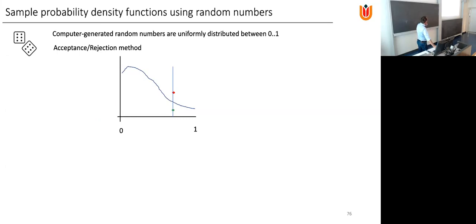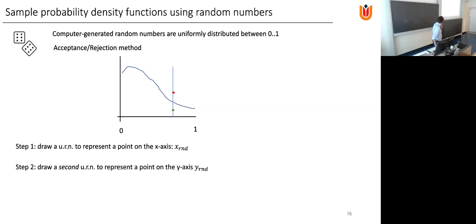So it would go like this. I would generate a number between 0 and 1. I would plot it in the graph of the distribution that I want to sample. I would draw two random numbers: one to represent the point on the x-axis, one to represent the value on the y-axis.